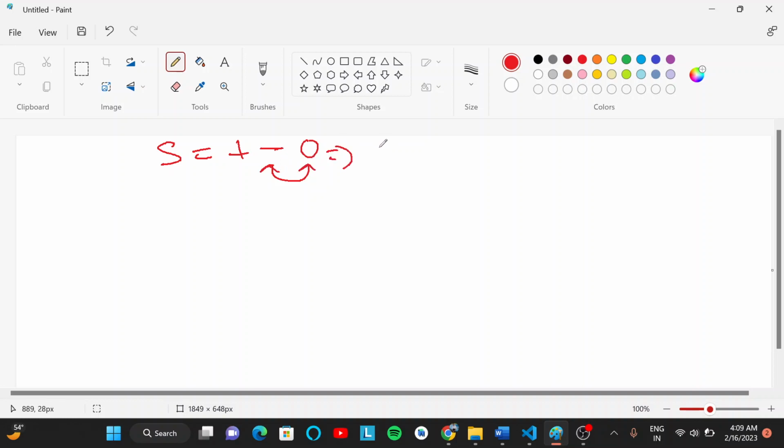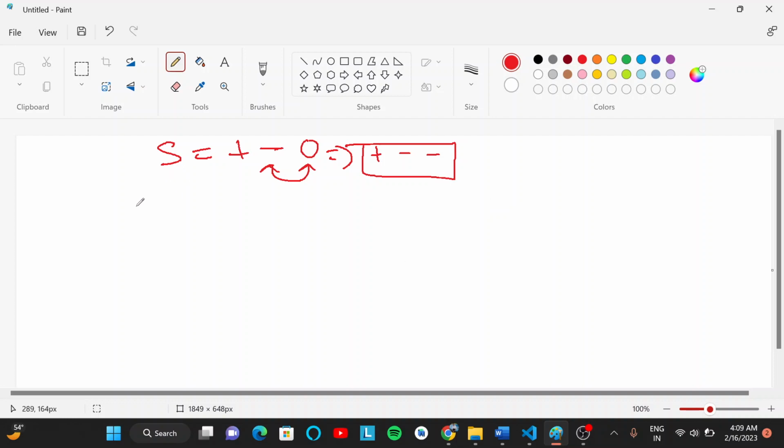So after a possible alteration, this string will finally look like plus, minus, minus, and this will be the final string. There won't be any further alteration or changes because there aren't any 0 or neutral charge in this string.